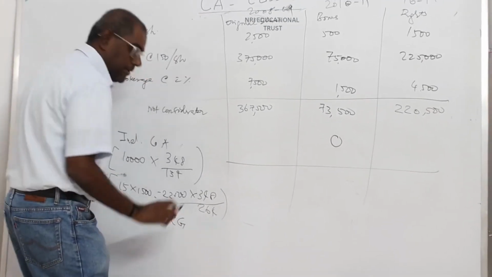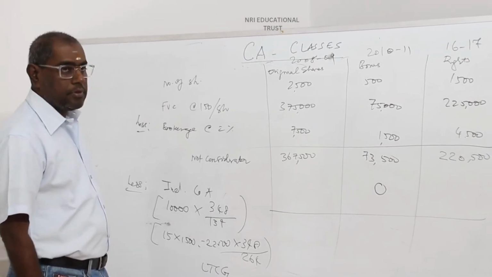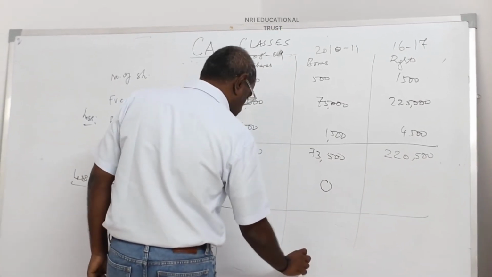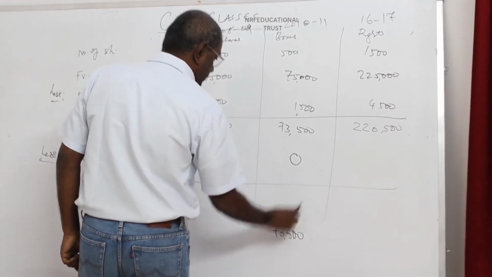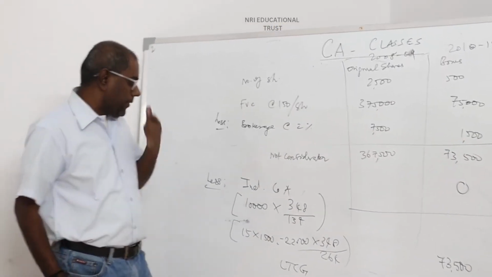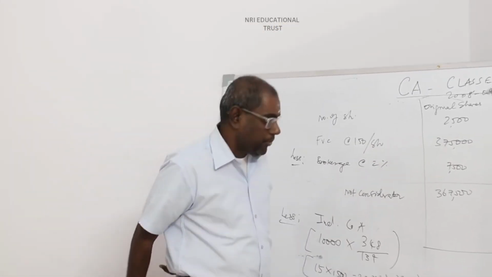Friends, once you compute this amount, what will be the answer? The long-term capital gain. For the bonus shares, I think it will come to 73,500 because the cost of acquisition is 0.